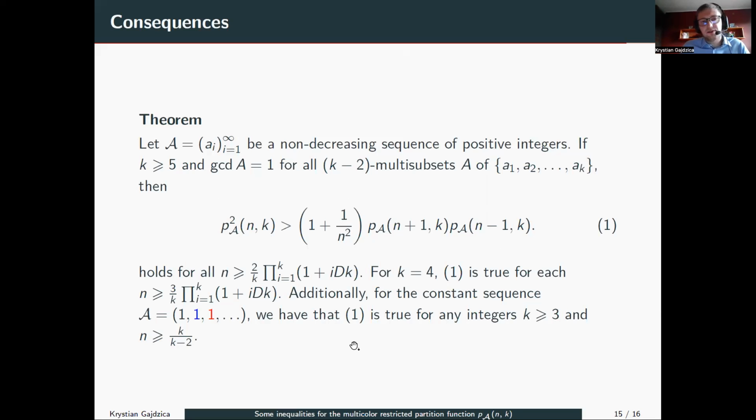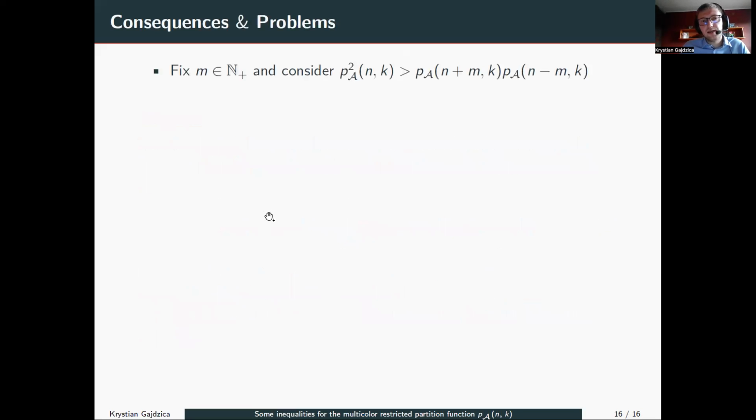Good. So a few words about some other consequences, some other inequalities which can be deduced from our approach. Namely, we can consider the strong log concavity of the multicolor restricted partition function, in which we assume that we have a fixed positive integer m, and we consider under what condition on k and the sequence curly A the following inequality holds.